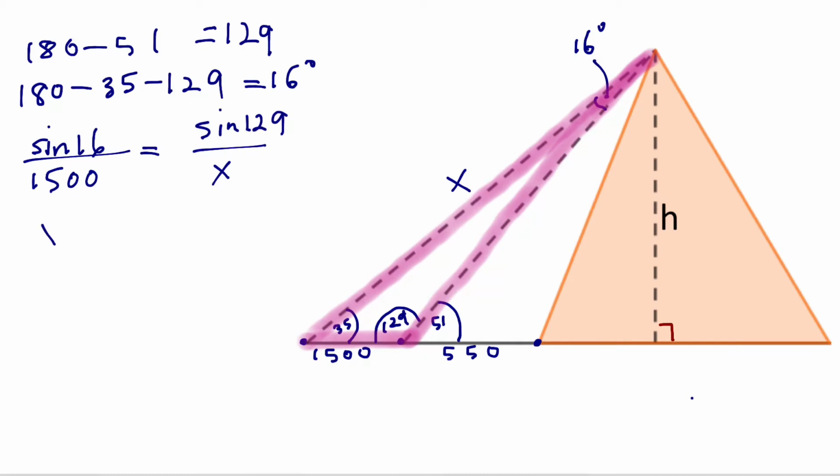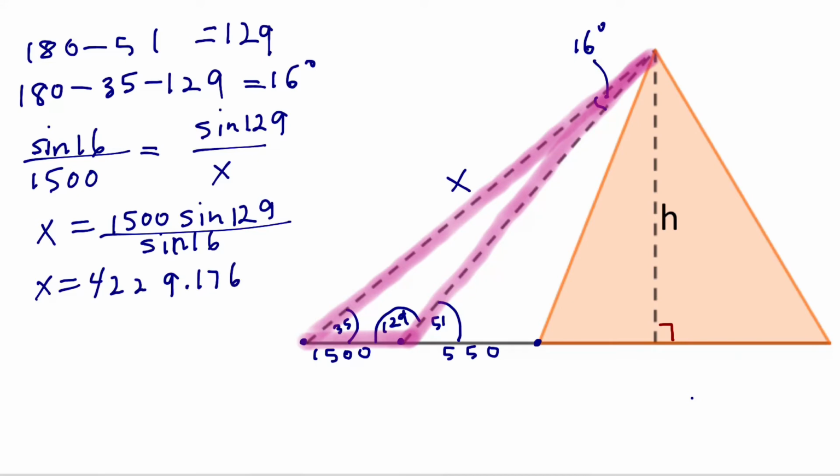Cross multiplying and dividing, x is 1500 sine 129 divided by the sine of 16. Typing that in the calculator, I get 4229.176. That's my side x.